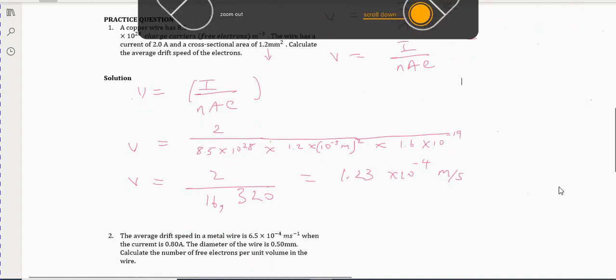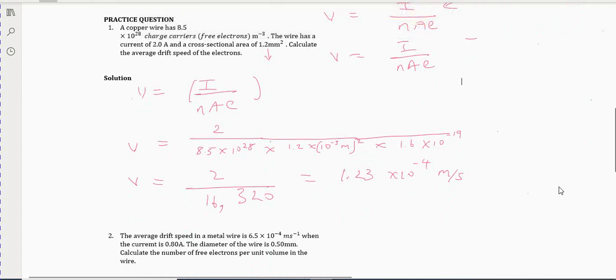So we know which equation we're going to use already. The equation says I divided by N A times E, and we can now plug in our values. So we know the current, which is 2. We know the N value, which is our charge density, multiplied by the area. Now guys, we have to understand that we have to put our measurements in SI units.